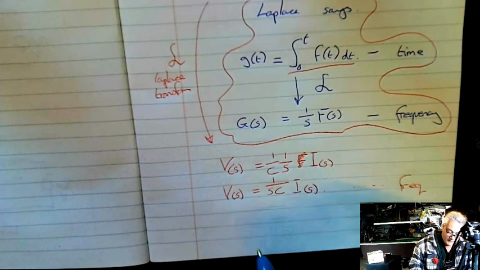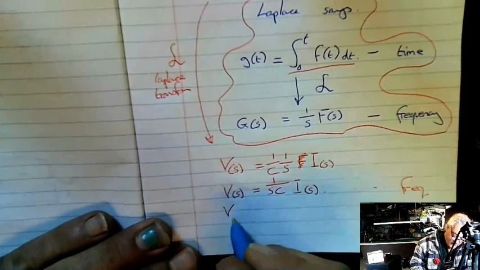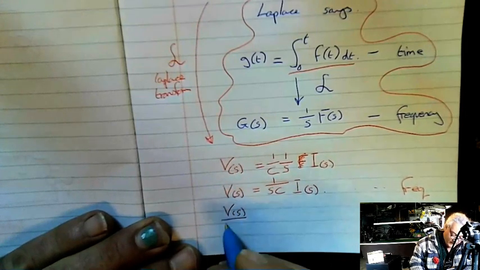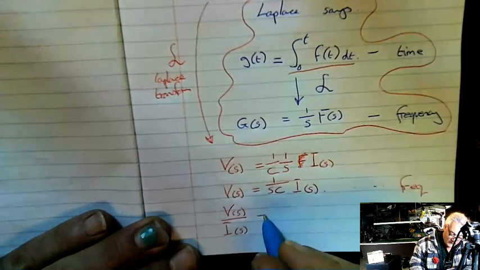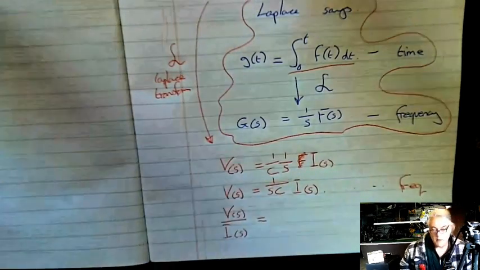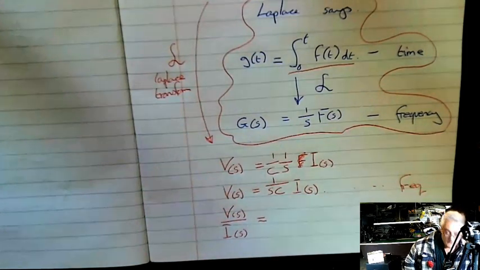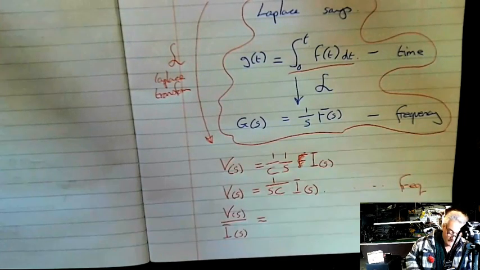If we take the I across to the other side, we have v of s divided by I of s. Now what is that? What's v upon I? Just give you 10 seconds to think about that. What is v upon I? It's the impedance, right?